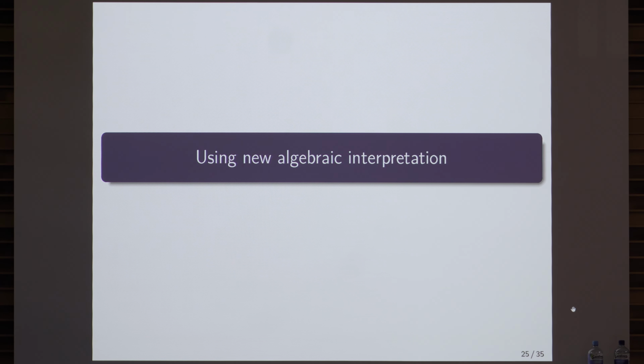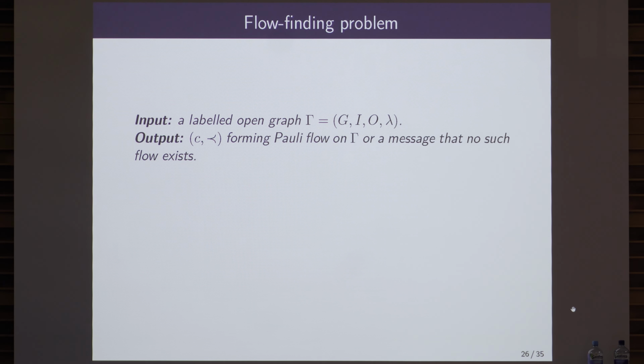Okay, so I've made on many occasions claims that this is easier. I probably didn't do a very good job of explaining why exactly I think it's easier. So maybe I will show you some applications of using this algebraic characterization. First of all, we can speed up the problem of finding flow.